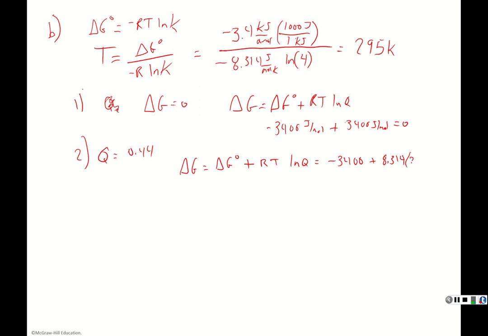So 8.314 times 295 times the ln of 0.44. This value equals minus 5.4 times 10 to the minus 3 joules.